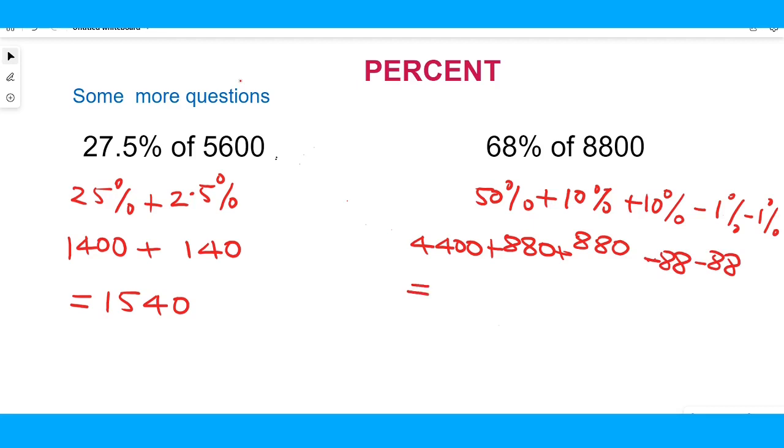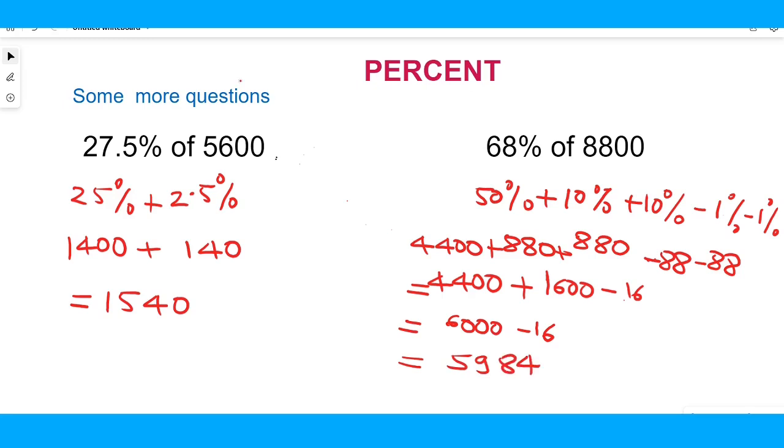This way, when we subtract 88 from 880, we can write it 800 minus 8. So this is equal to 4400 plus 1600 minus 16. This is equal to 6000 minus 16. This is equal to 5984. This way we can easily calculate percentage by using shortcut methods.